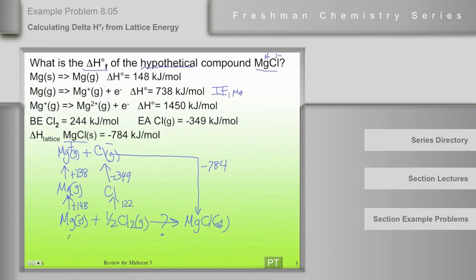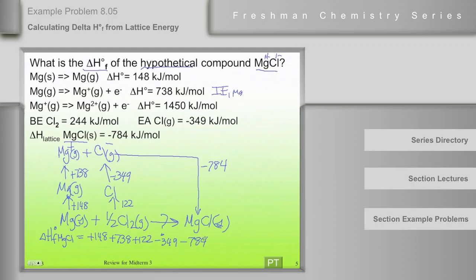So what we have to do here is to say the delta H of formation of magnesium monochloride, this weird stuff, is equal to the sum of all the enthalpies of the steps here.